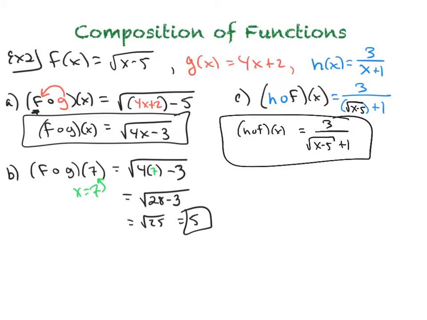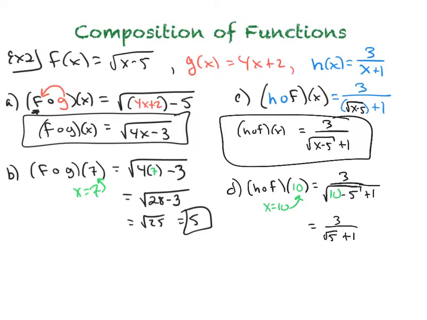And kind of like in the previous one, if I asked for h of f of 10, that would simply mean to plug in x equals 10 into h of f of x. So that would be 3 over the square root of 10 minus 5, and then plus 1, which would be 3 over the square root of 5 plus 1.